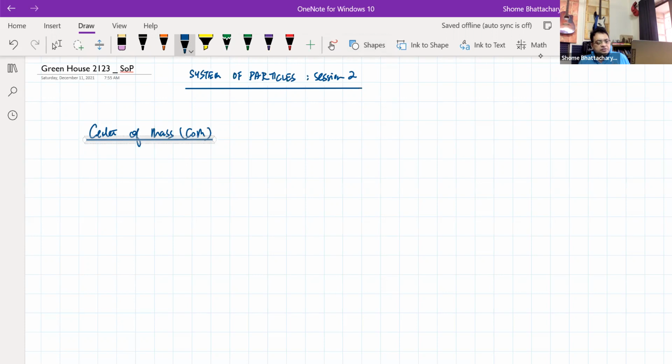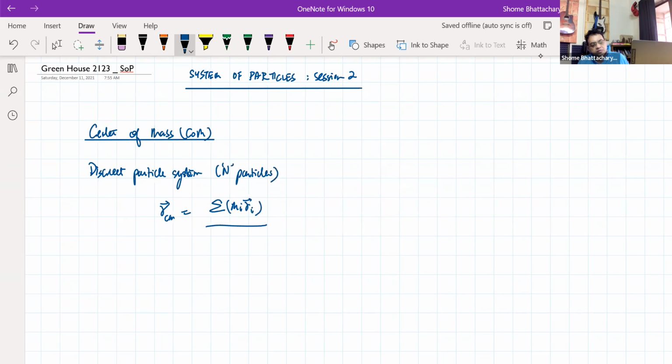So the general definition for center of mass for a discrete particle system, which we have seen, was the position of the center of mass given as summation of mass into position divided by summation of mass, or total mass.